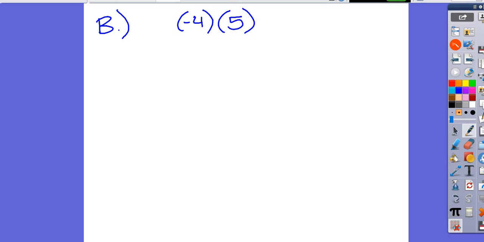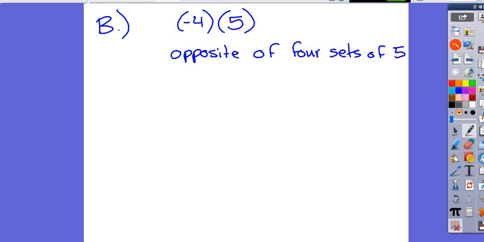So this is how I would go about working my problem like this. So first I see it's going to say opposite of what? Opposite of 4 sets of 5.